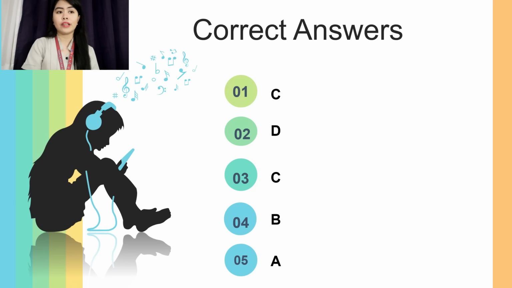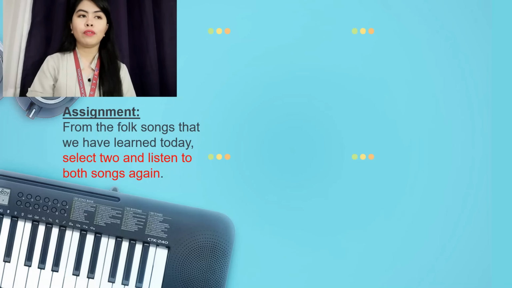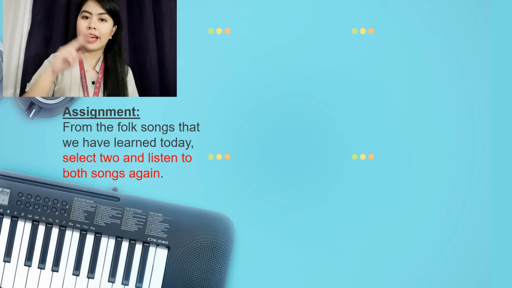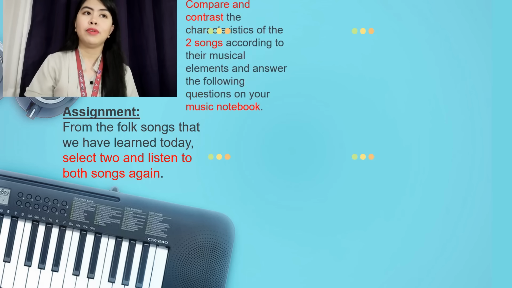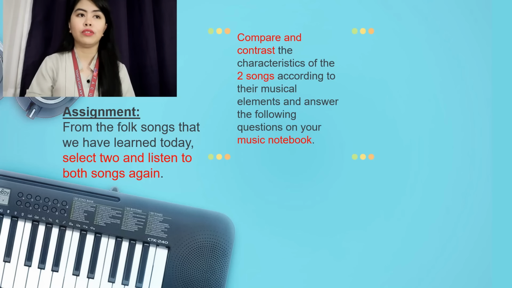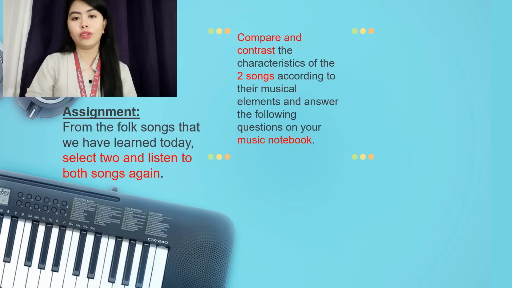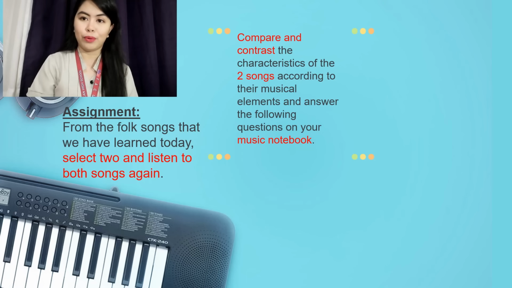Okay, so for your assignment, from the folk songs that we have learned today, select 2 and listen to both songs again. Okay, so you must select 2 because you have to compare and contrast the characteristics of the 2 songs according to their musical elements and answer the following questions on your MAPEH or music notebook.